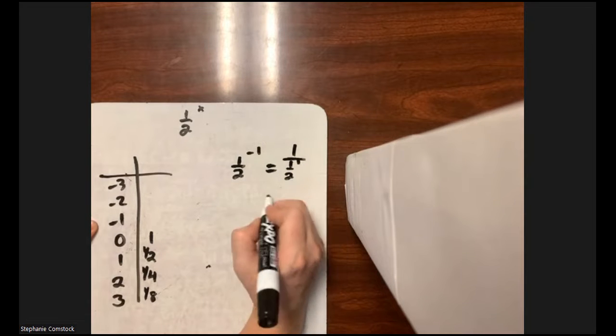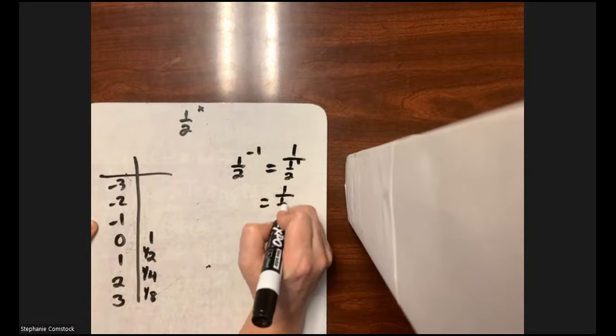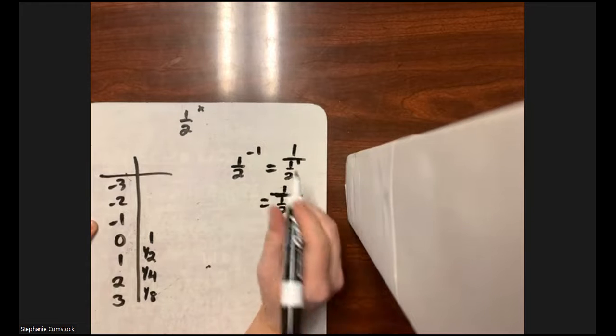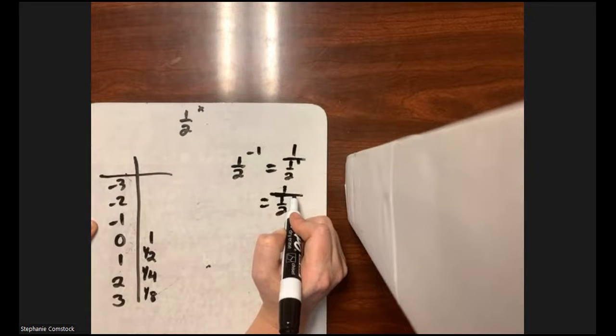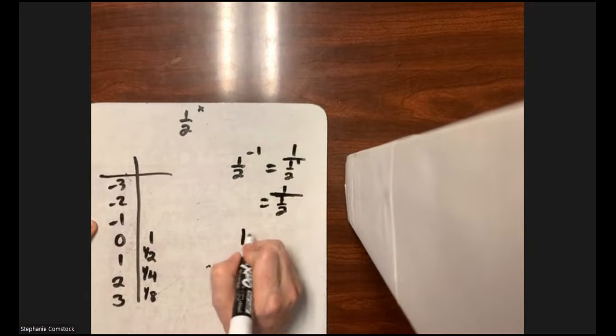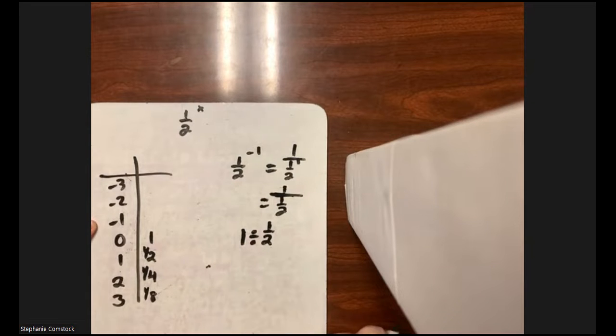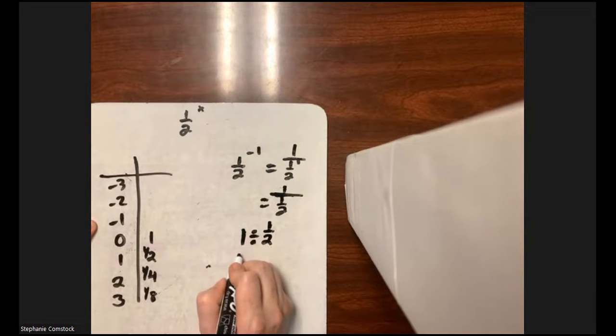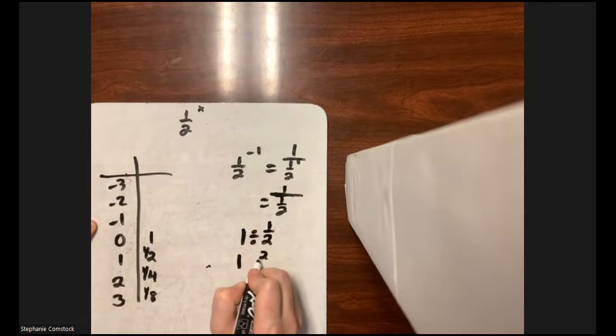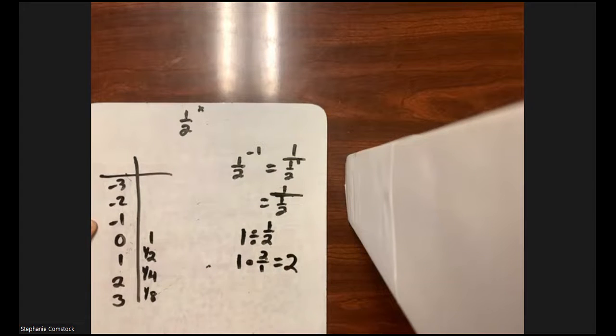So 1/2 to the -1, following our pattern. Now 1/2 to the -1 we know is just 1 over 1/2. Now, remember that a fraction bar is division. So this is 1 divided by 1/2. When you divide by a fraction, it's keep, flip, change to multiplication, and that's going to be 2.